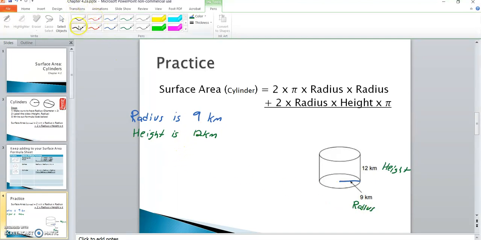So now we're going to fill in our formula. On the top here, we're going to have 2 times pi times 9, which is our radius, times 9. And on the second line, we have 2 times 9 times 12 times pi.